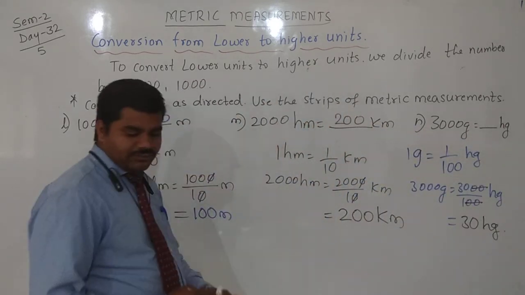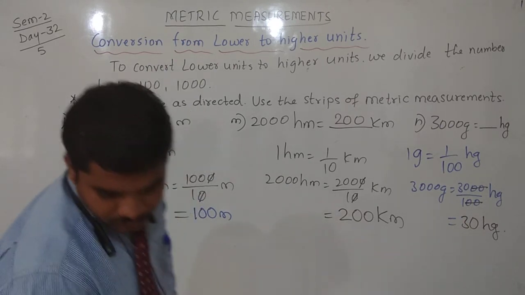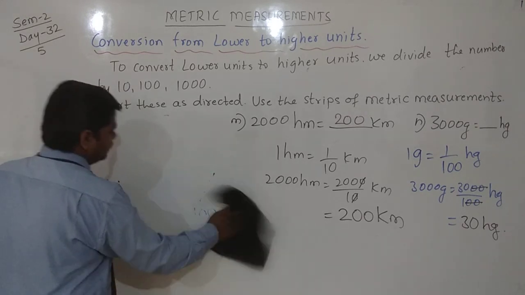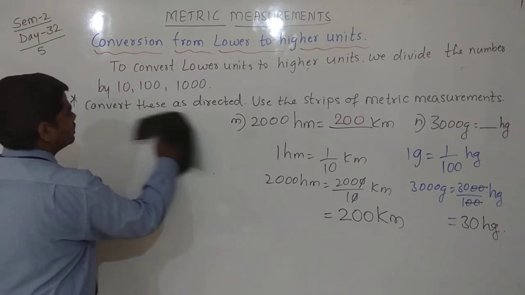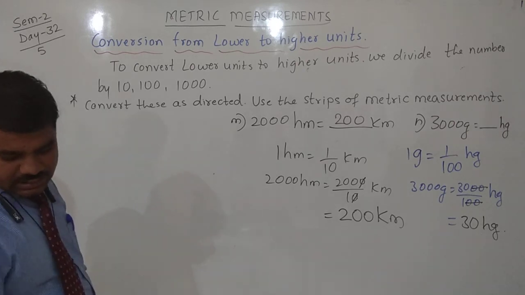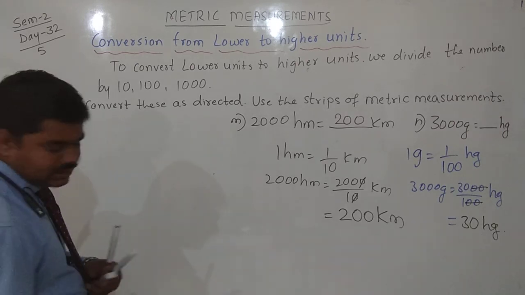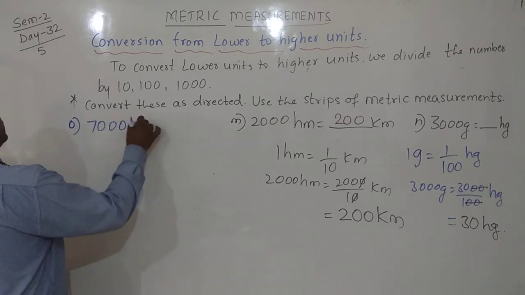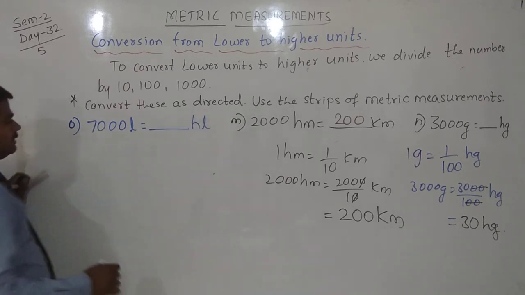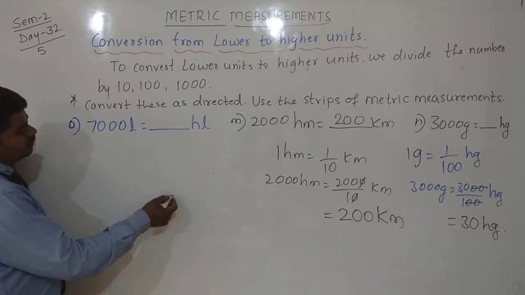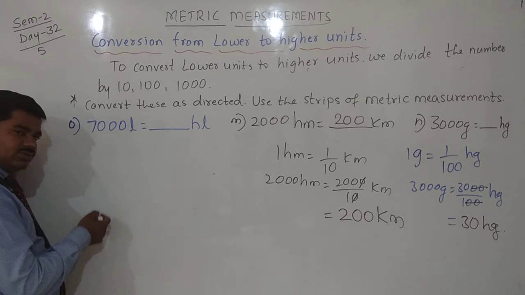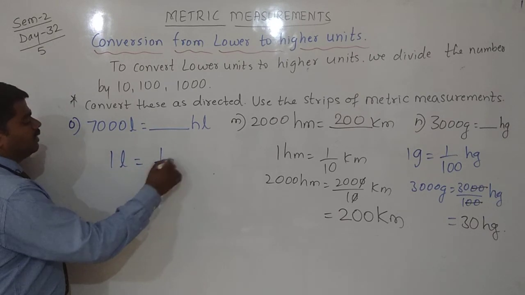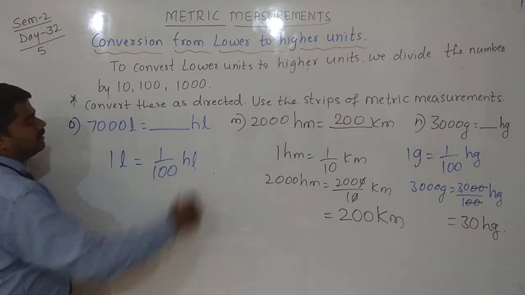Yes, and the last one for today's session, that is 7,000 liter convert into hectoliters. 7,000 liter to hectoliters. Yes, liters to decaliter, decaliter to hectoliter. Therefore, we know that 1 liter is equals to 1 by 100 hectoliter.